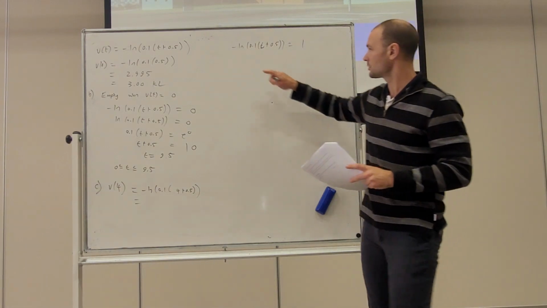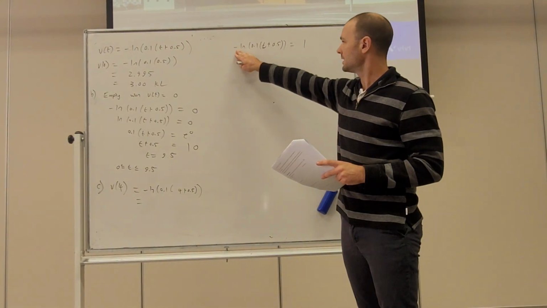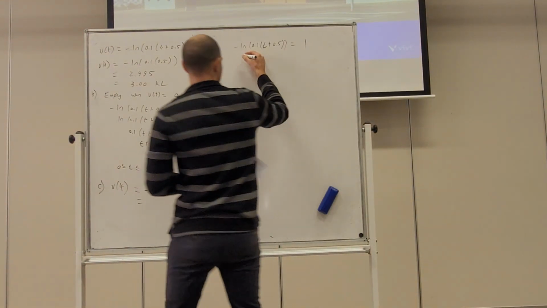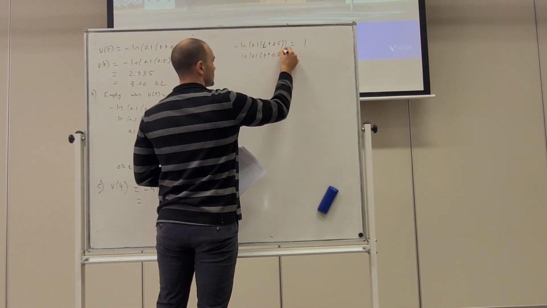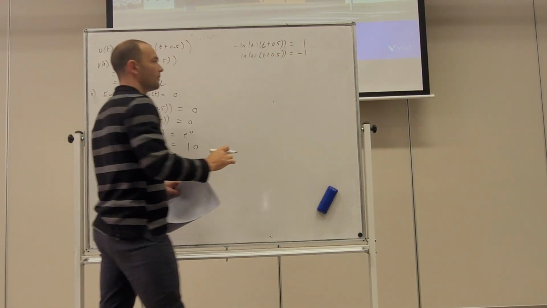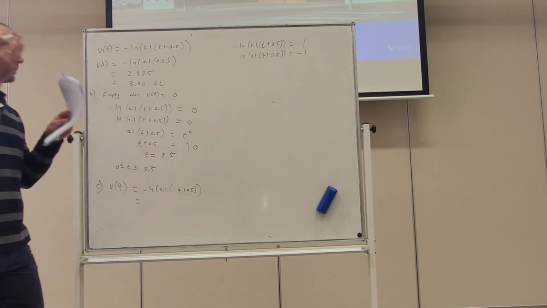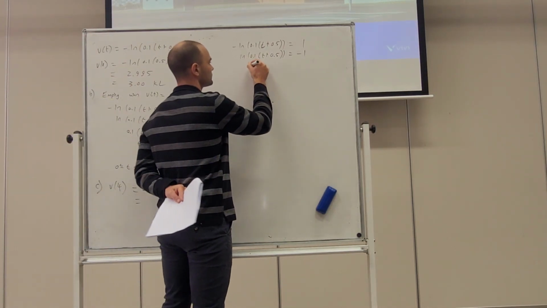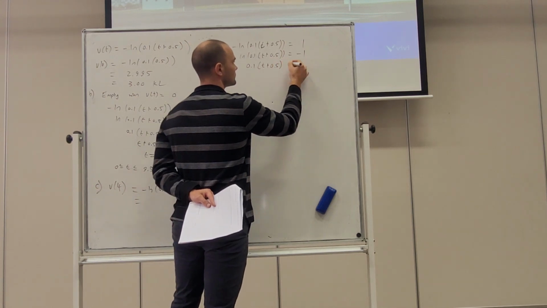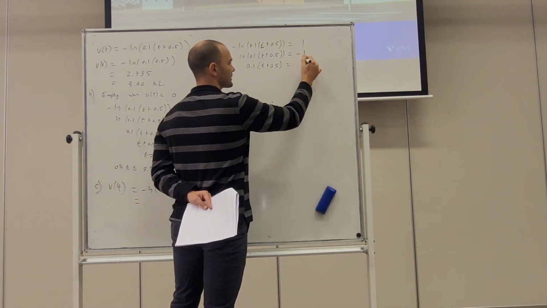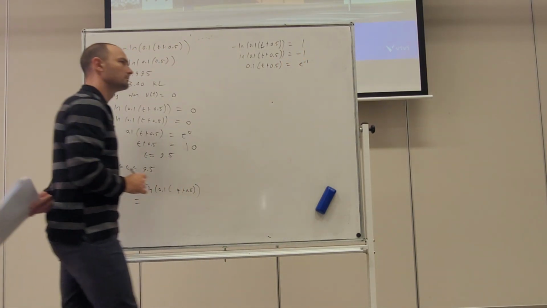All right, let's do the algebra. What we're going to do first is divide both sides by -1, so move the negative over. Then we'll raise e to the power of both sides. So that's going to be e to the power of -1.